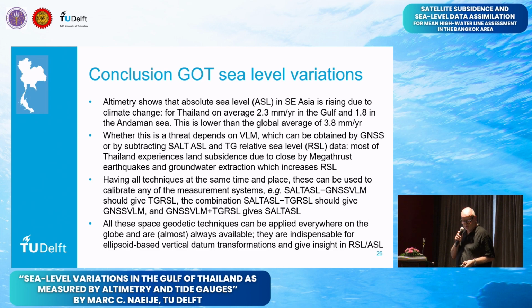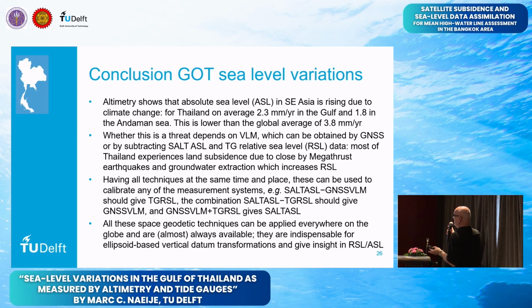Okay, then the conclusions. Sorry that I took a little bit longer than anticipated. Altimetry shows absolute sea levels in Southeast Asia rising due to climate change. What we see for Thailand in the Gulf is on average 2.3 millimeters per year. We have 1.8 in the Andaman Sea.